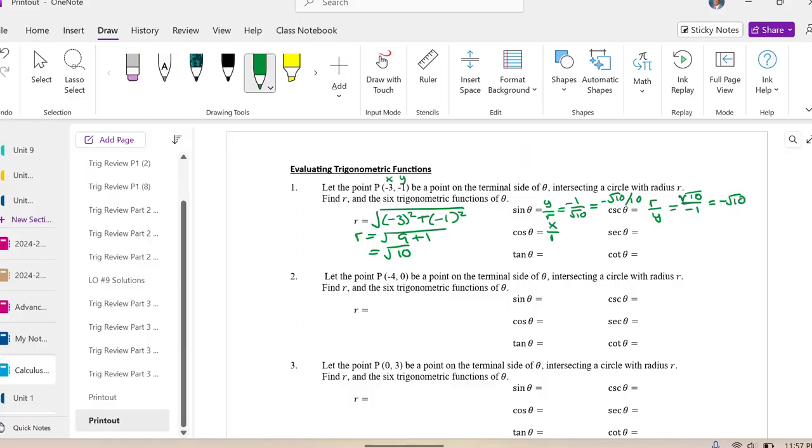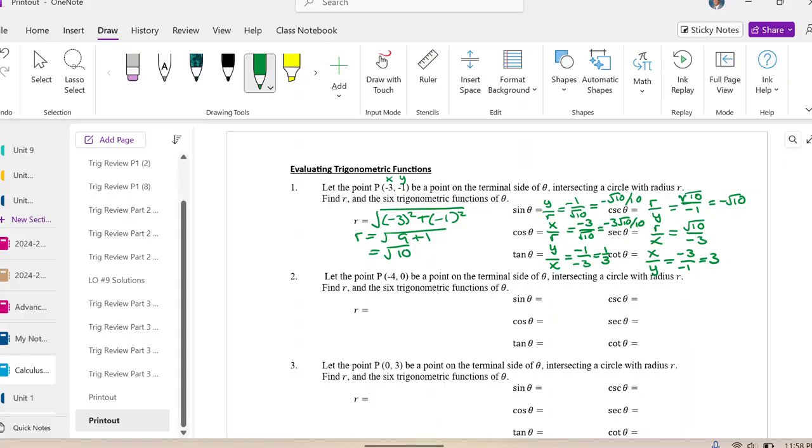Cosine is x over r, which is -3 over the square root of 10, which is -3 square root of 10 over 10. Secant is r over x, which is the square root of 10 over -3. Tangent is y over x, which is -1 over -3, which is 1/3. Cotangent is x over y, which is -3 over -1, which is 3.